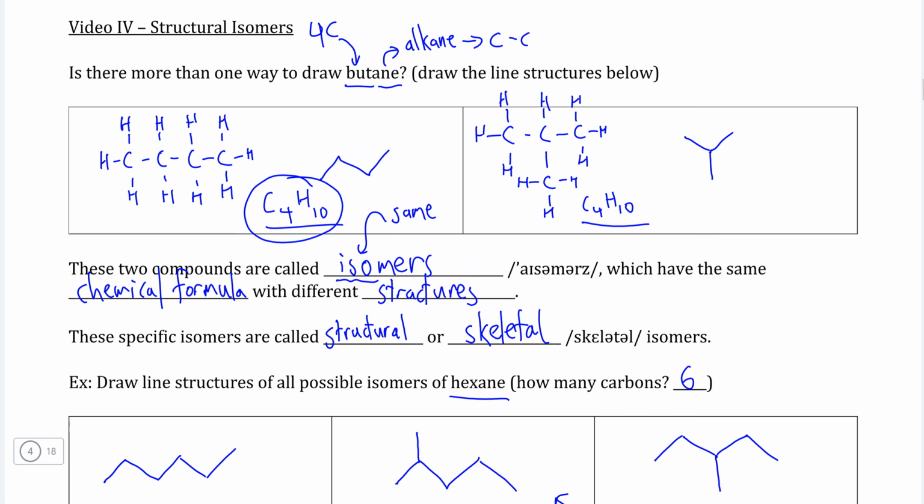In the next video, we're actually going to learn the naming conventions that exist with more complicated isomers that don't just involve a straight chain of carbons, but involve smaller chains coming off of the side.